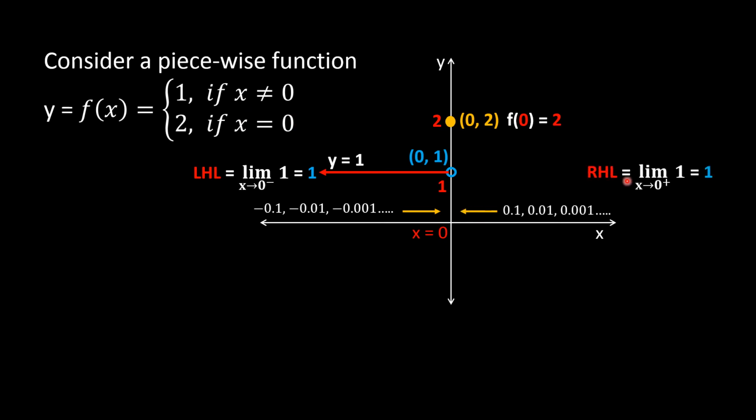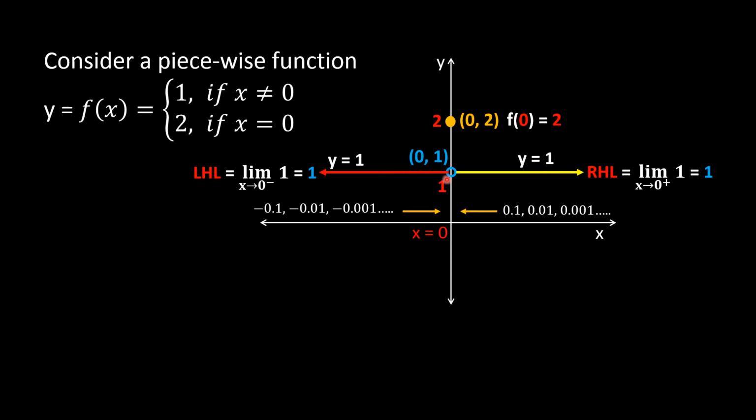The right-hand limit equals limit 1 as x approaches 0 positive, it will be 1. The graph of y equals 1 will be a horizontal line emerging from the hollow point (0, 1) and will extend in the positive direction of the x-axis.